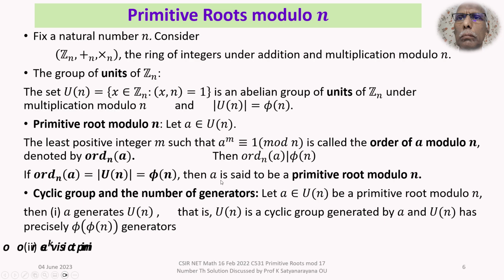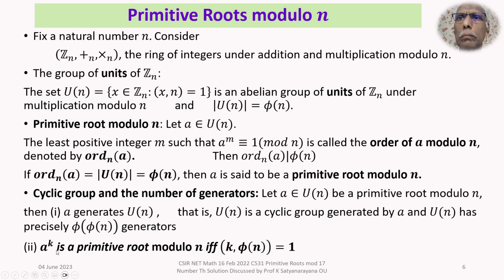Now if a is a generator of U(n), which powers of a will also be a generator? In other words, if a is a primitive root modulo n, when is a power k also a primitive root modulo n? That's what we are asking.